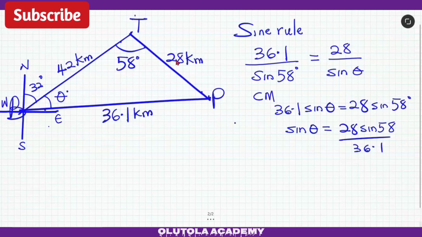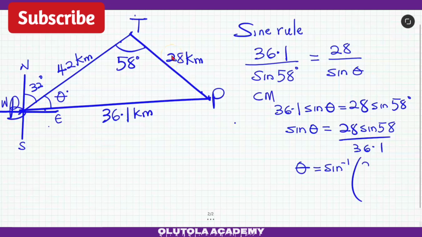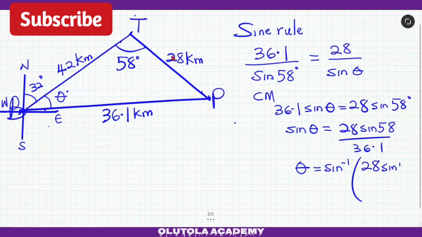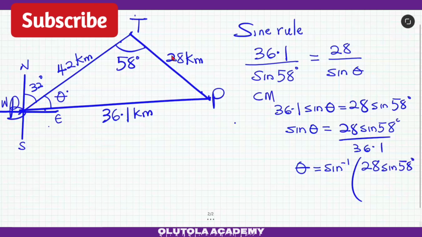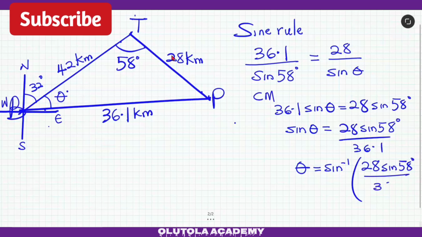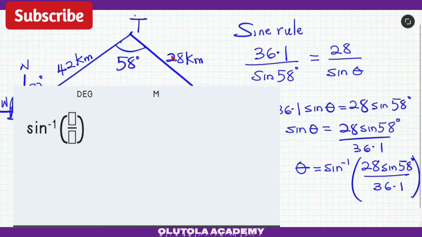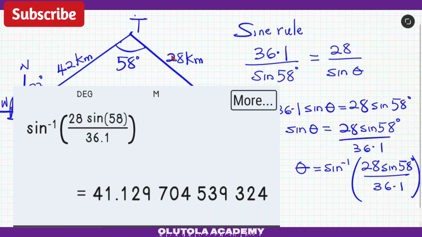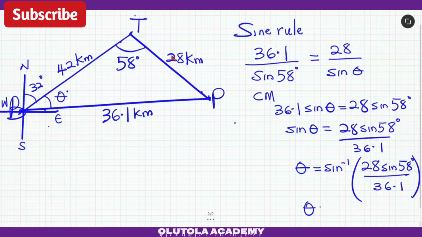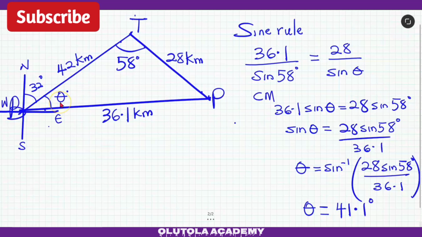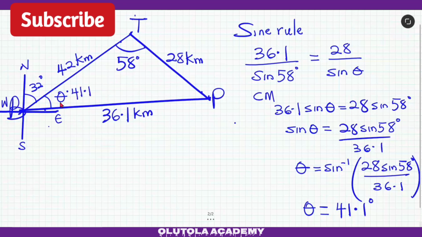At the end of the day, theta will be sine inverse of 28 sine 58 degrees over 36.1. So theta will be 41.1 degrees. In essence, this angle is 41.1 degrees.